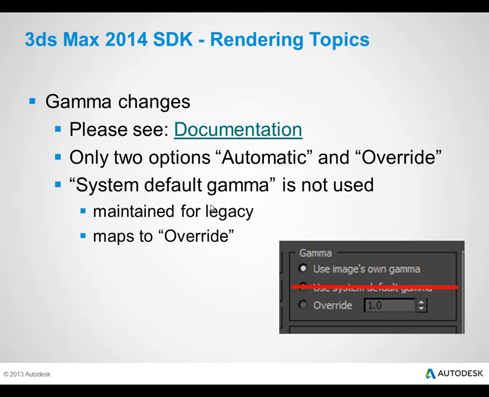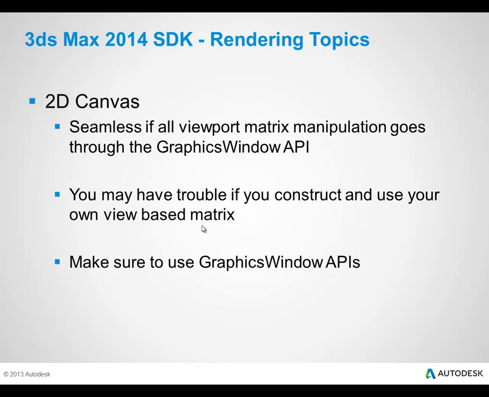The gamma changes: this is a feature that was enhanced in 3ds Max itself. When you're using 2014, there are now only two options, automatic and override. The system default gamma is no longer used. The data is still maintained in the Max file just for legacy purposes, but in the 2014 version it maps to the override behavior.